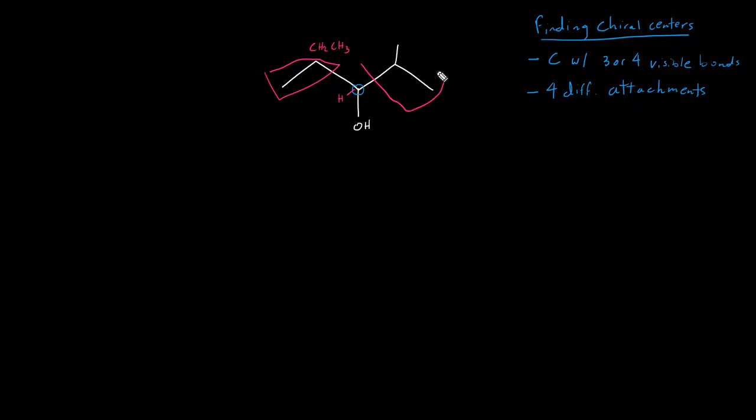Whereas this attachment here is a CH(CH3)2. We have 2 CH3s attached to it. So these are not the same attachment. This carbon has 4 different attachments. We have an OH, an H, a CH2CH3, and a CH(CH3)2. So that carbon here is chiral. This is a chiral carbon, meaning that this molecule does have optical isomers.